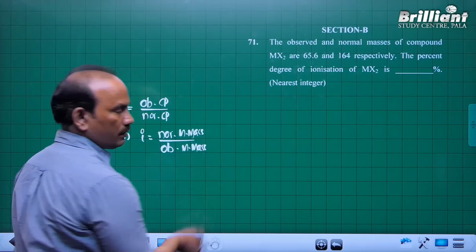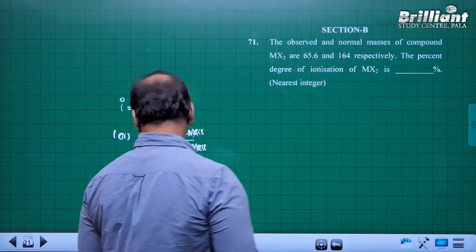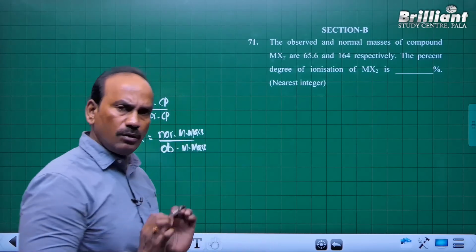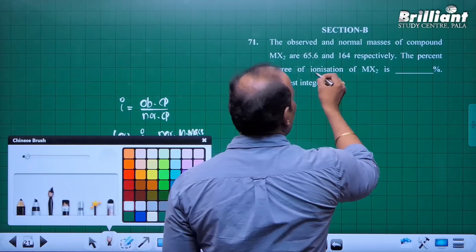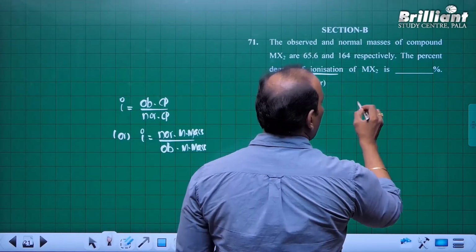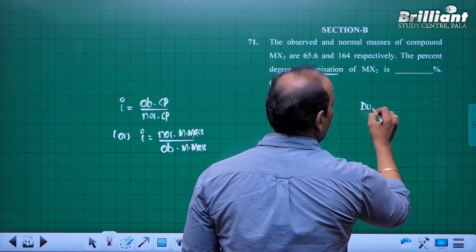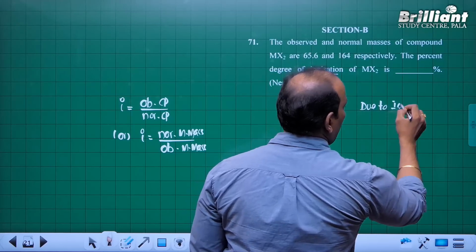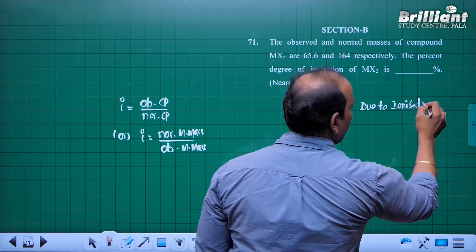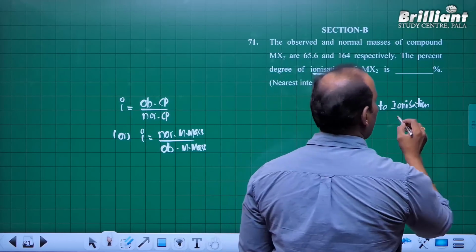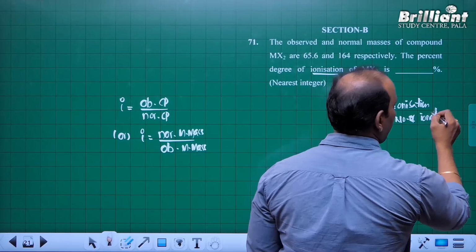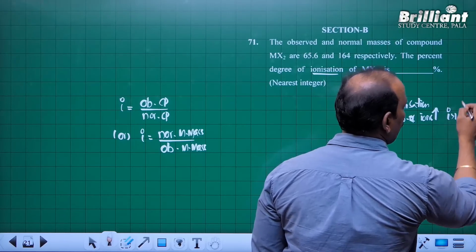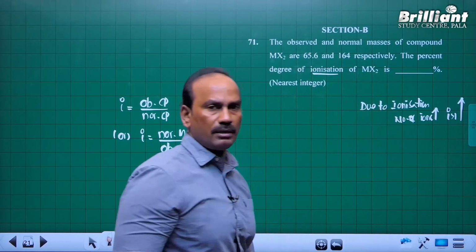Okay? So here, sir, how to identify? No need to learn by heart. Here this is ionization. Due to ionization, the number of ions increases. That's why the i value is greater than 1.